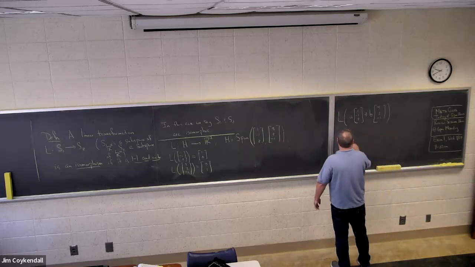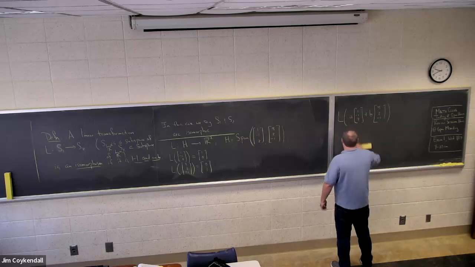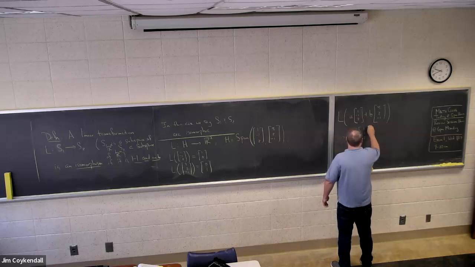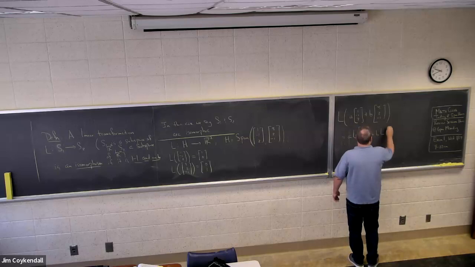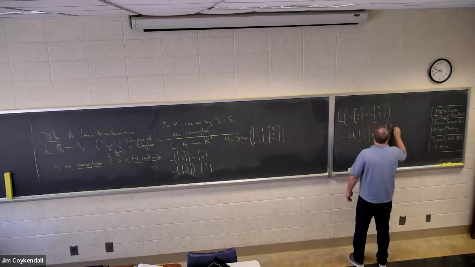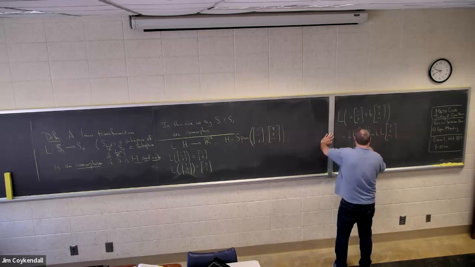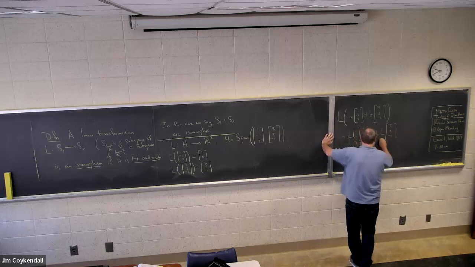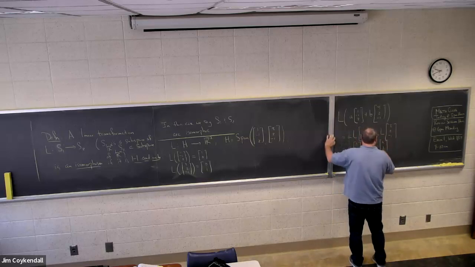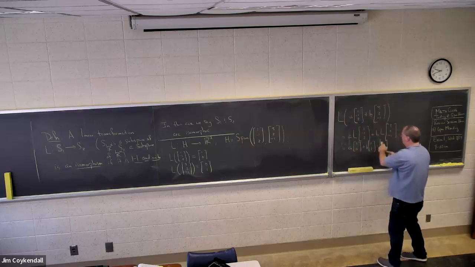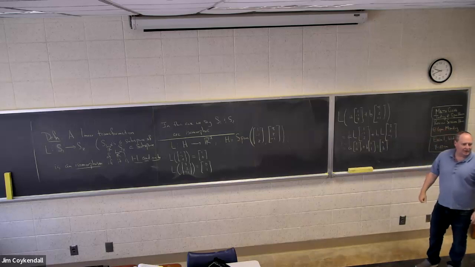This goes to A times 1, 0 plus B times 0, 1. This goes to (A, B). So these are the B coordinates, and they just go to the standard coordinates in R2.